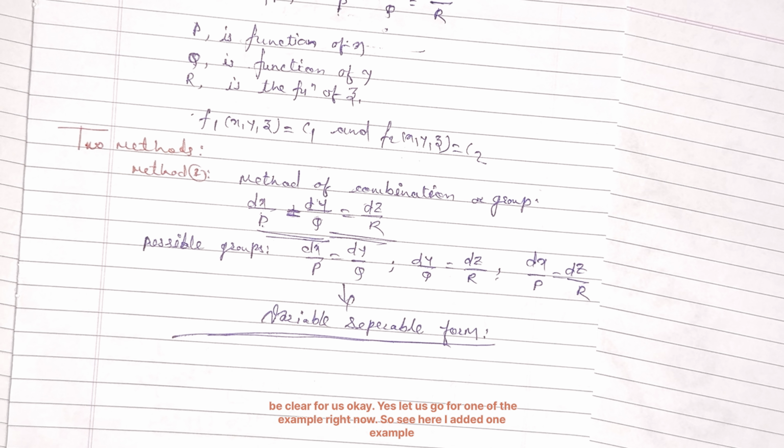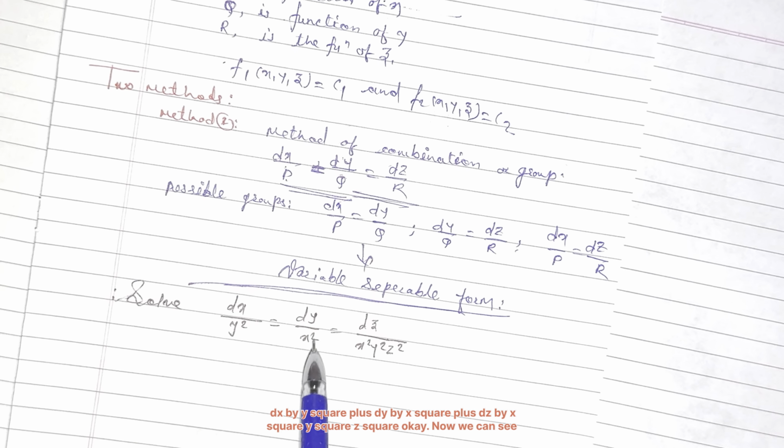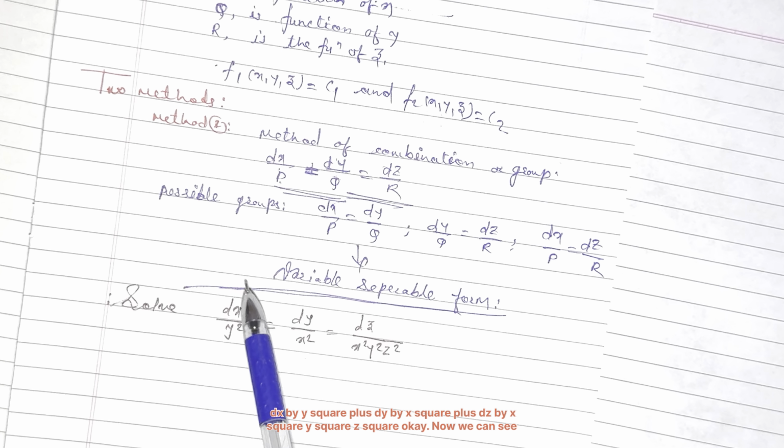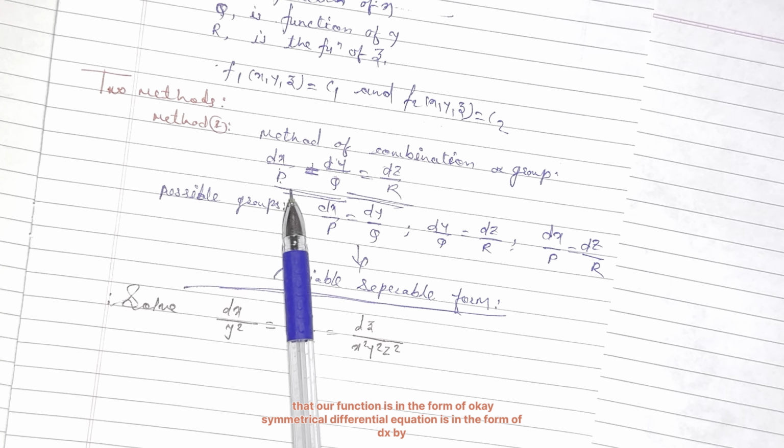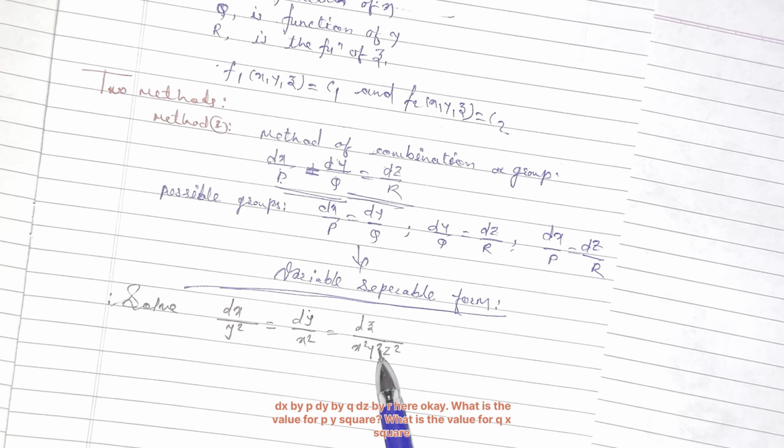Let's go for one example right now. I added one example: dx by y square plus dy by x square plus dz by x square y square z square. Our symmetrical differential equation is in the form of dx by p, dy by q, dz by r.